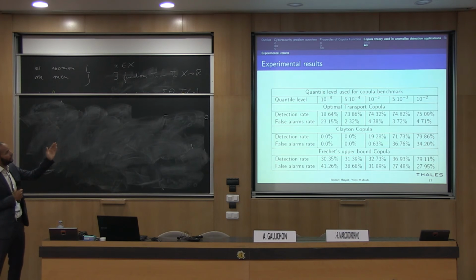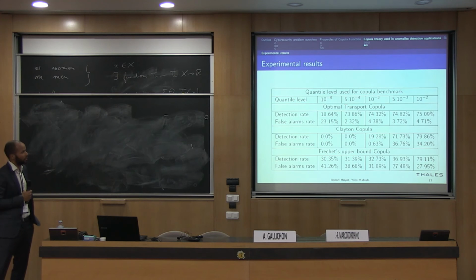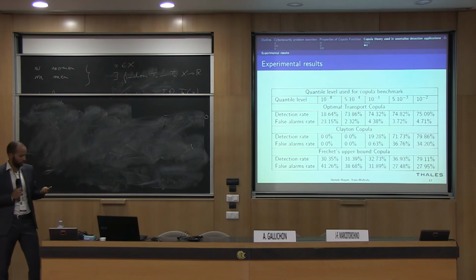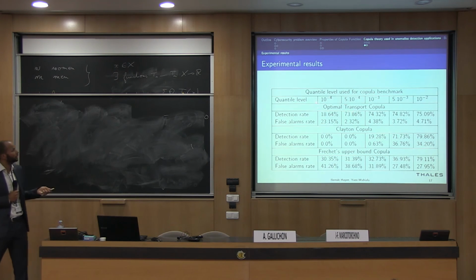So what we did here is compare the performance of those 3 copulas at different quantile levels on the density of the events. And what we can see is that, apart from the first quantile threshold here, for all the other thresholds, the copula that works the best is the optimal transport copula.